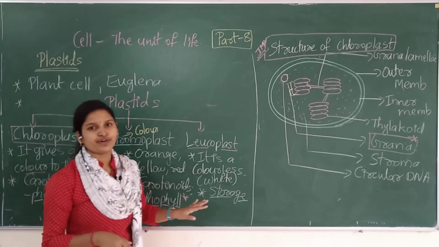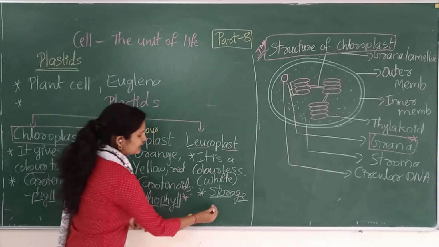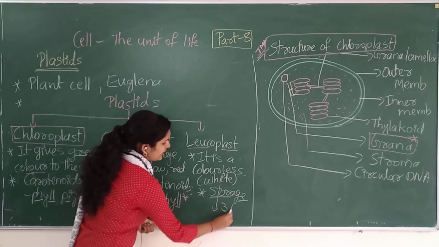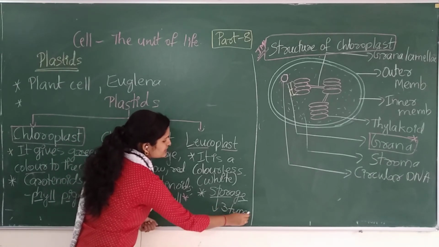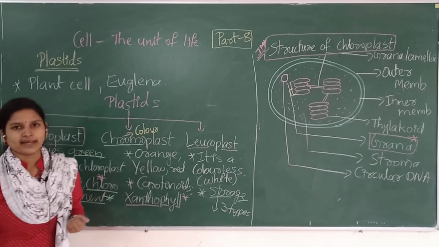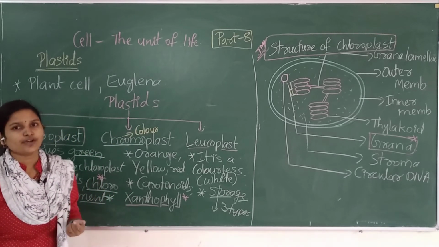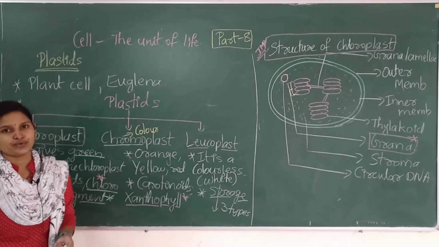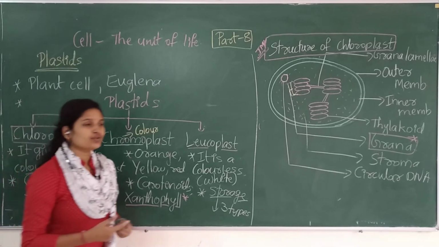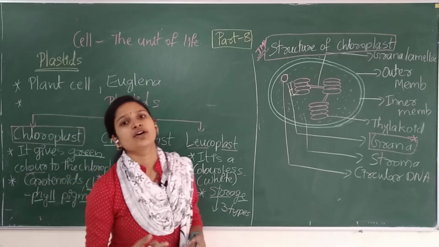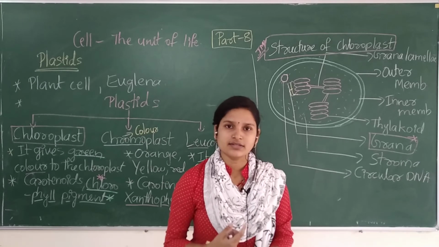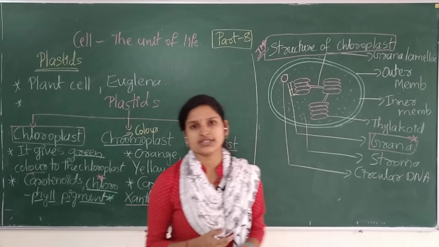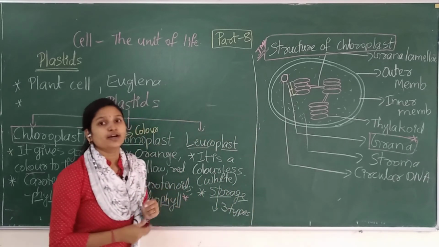These are again divided into three types. What are those? Amyloplast, elaioplast and aleuroplast, which store carbohydrates or starch, oils and fats, and proteins.